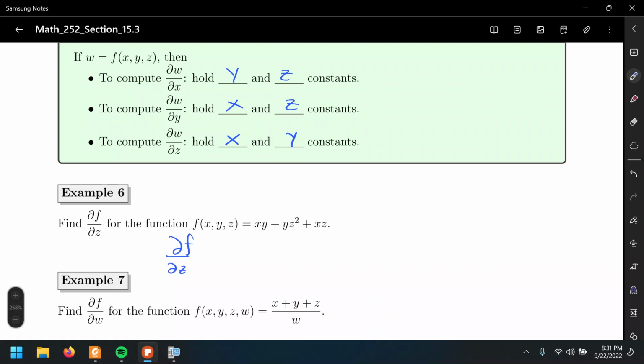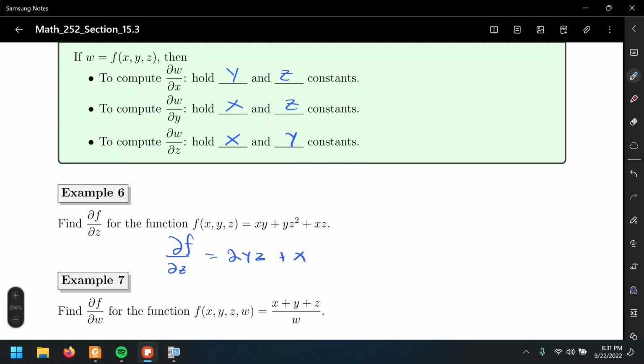What about yz squared? 2yz. And then just x. Is it making more sense now? At the beginning it was kind of weird, right? It's a variable, but we're holding one or two of them constant this time.